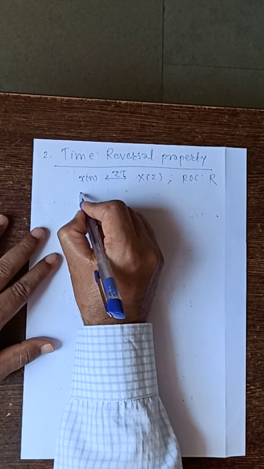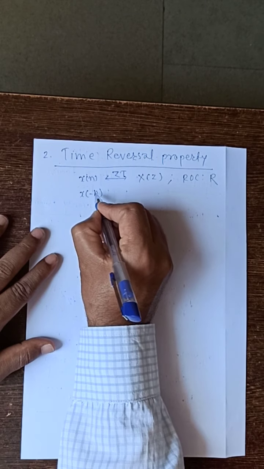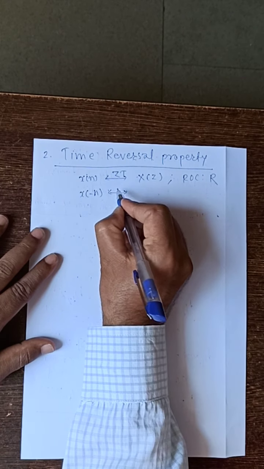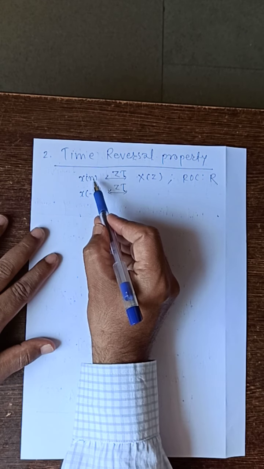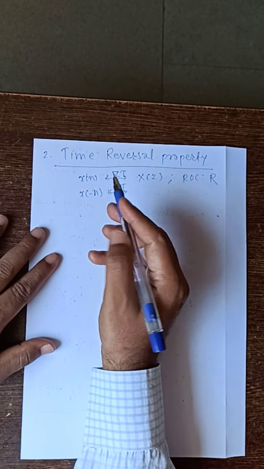Then x[-n], that is if the signal is reversed in time, then its Z transform, this property, time reversal property, means n, that is the time index, is reversed.